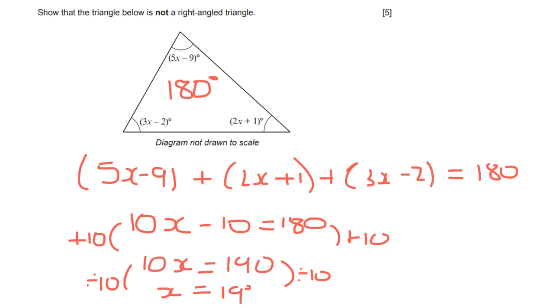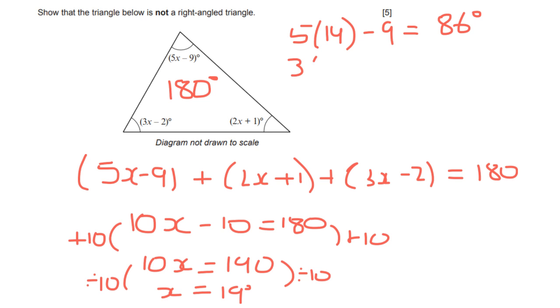Now I'm asked to prove that it isn't a right angle triangle. Now I know a right angle triangle has to have a 90-degree angle. So let's work out the size of each of these angles. Again, we'll start at the top. I've got 5 lots of 19, take away 9. So that's 95, take away 9, which is 86 degrees.